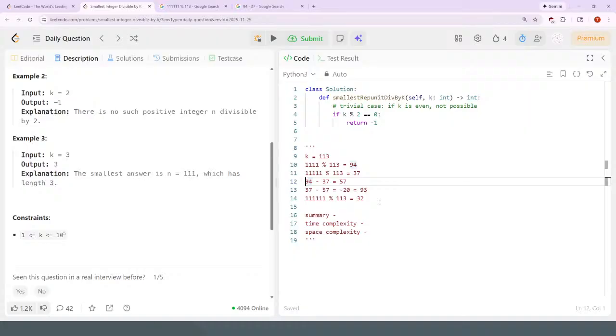The remainders are between 0 and 112 inclusive, because those are the only possible remainders. It doesn't necessarily have to cycle exactly once through every value as you increase the number of ones.